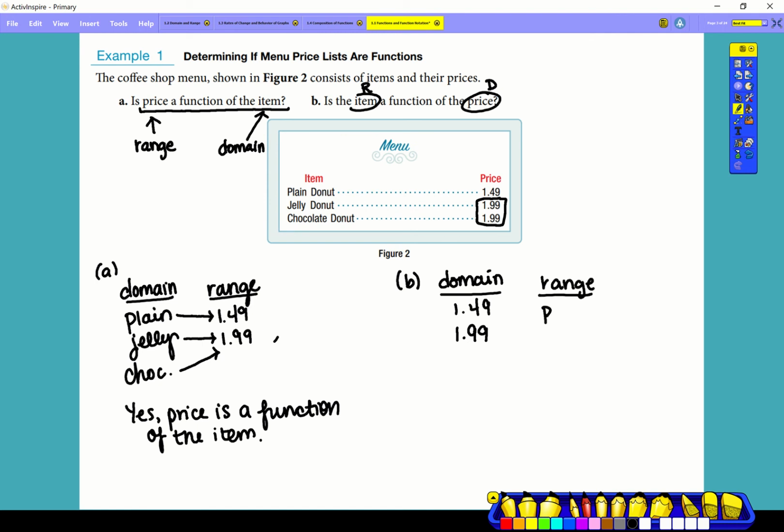Our range is now our donuts: plain, jelly, and chocolate. Now we can start doing some matching. Looking at our price list, for $1.49 I can get a plain donut. For $1.99, I could get a jelly donut, or I could get a chocolate donut. And I hate jelly donuts, so I would go for a chocolate donut.